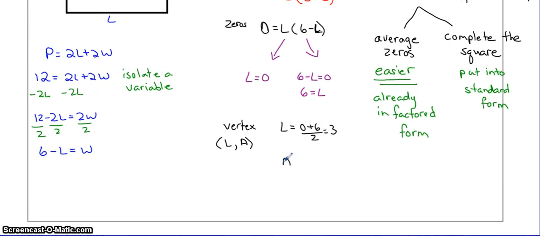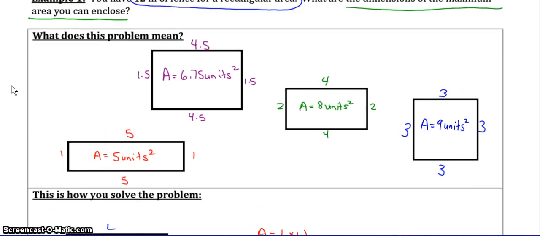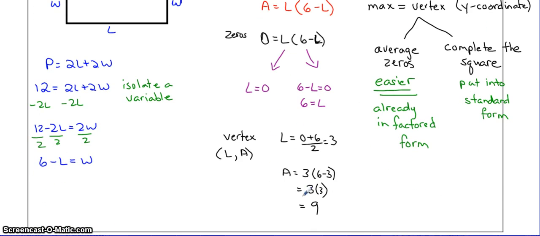Then to find the area, you have to take that 3 and substitute it into the equation. And this is 9, and it is meters squared.